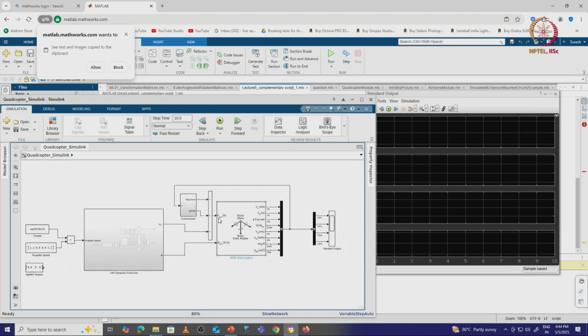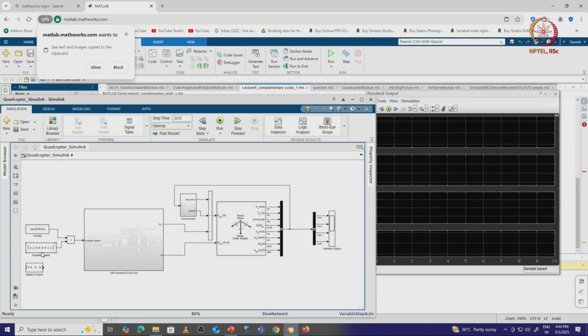Once I get my force and torque, I can compute the position, the states of the system, right: x, y, z, and x dot, y dot, z dot, which are your velocity information. Then you can get phi, theta, psi, and you can get the rotation rates p, q, r. All these are your states which you can compute, and you can show whichever states you want to see, right. And what is the input?